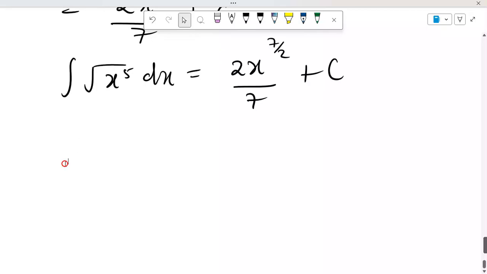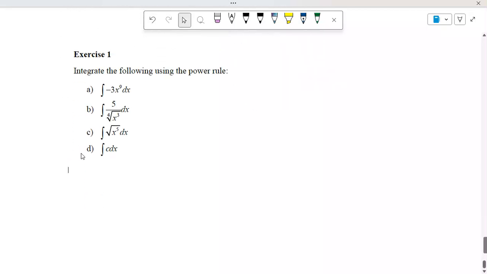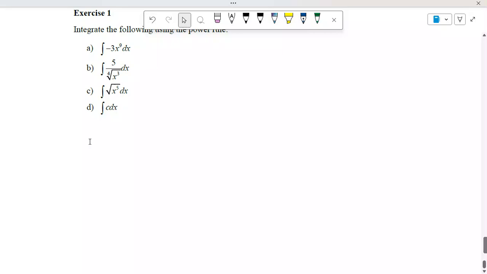So let's go to another question. So we have d. Okay, so part d, we are saying integrate c dx. So what is c? c is a constant.